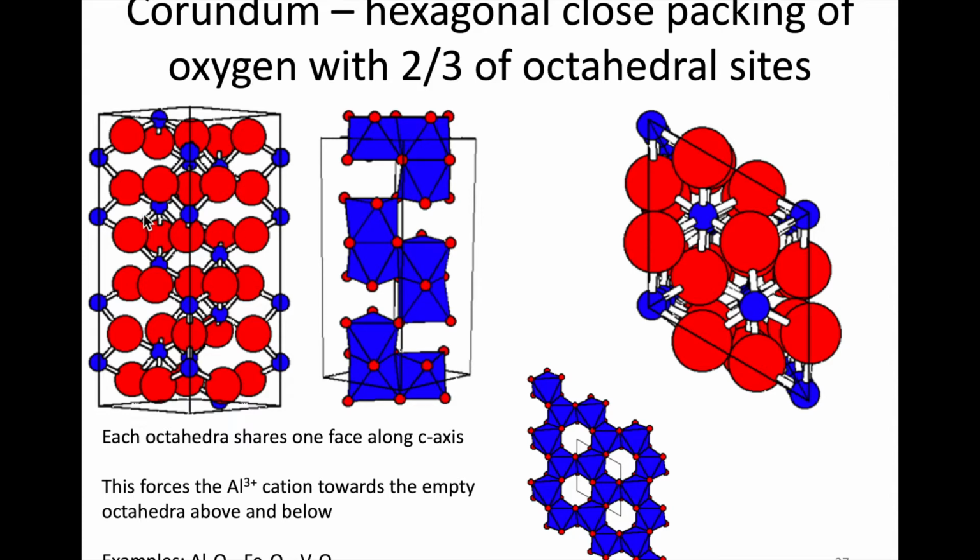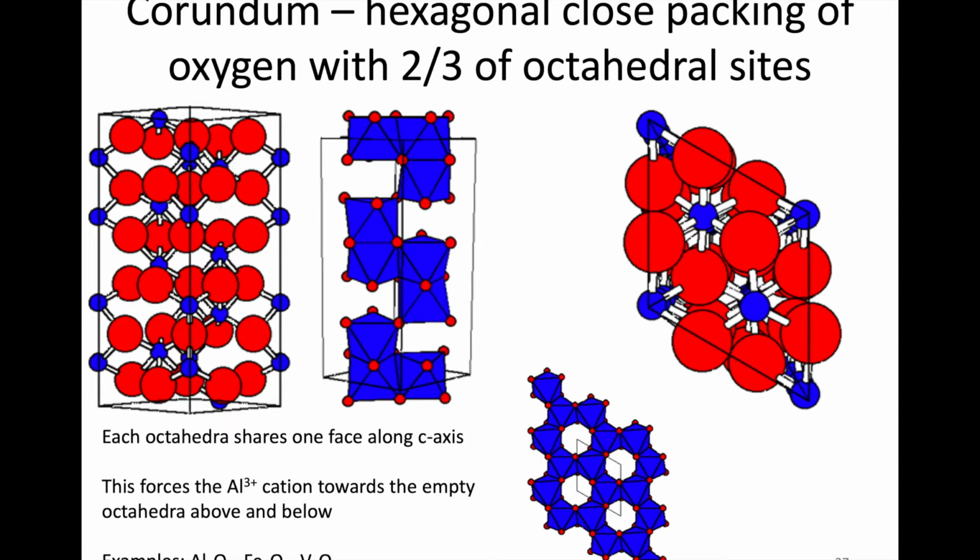If we look at the coordination numbers for aluminum, which is in the blue, so aluminum's the smaller, red is the oxygen, which is bigger. The coordination of the aluminum is 6. So if you look at some of these, hopefully you can see that there's 6 oxygens around an aluminum.